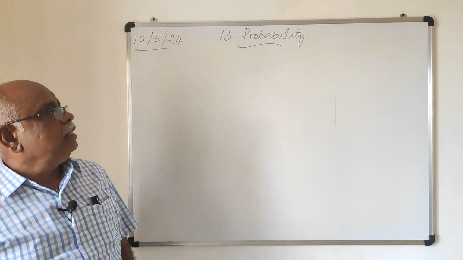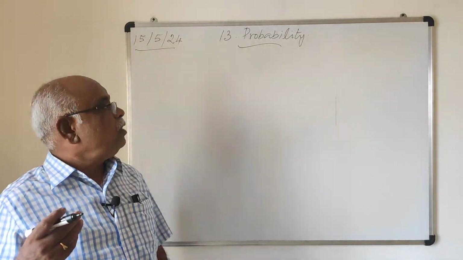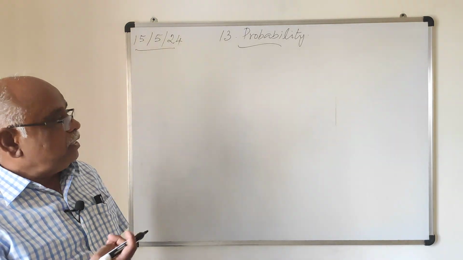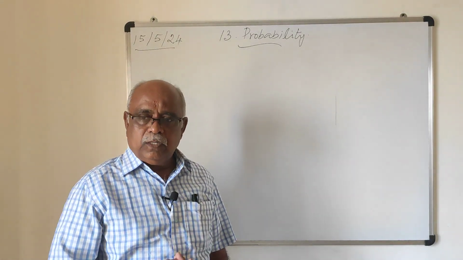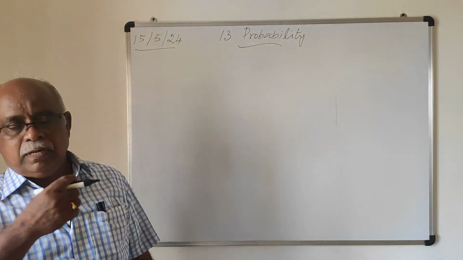For defining the probability of an event, we want a random experiment, like tossing a coin, tossing two coins, or throwing a die. These are random experiments.